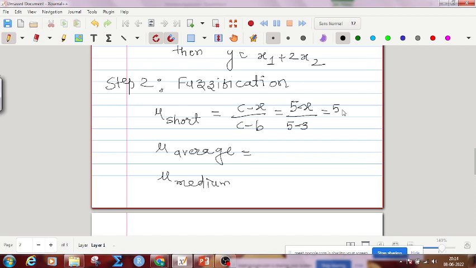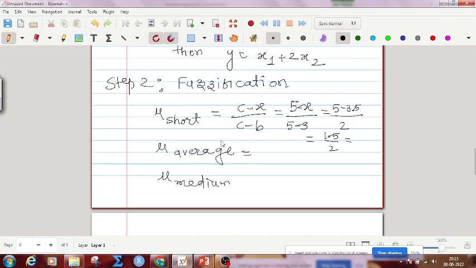So this is 5 minus 3.5 divided by 5 minus 3, which is 2. So 5 minus 3.5 is 1.5, divided by 2. Am I correct? Yes, 1.5 divided by 2. So you will get some value here. Calculate it and tell me.